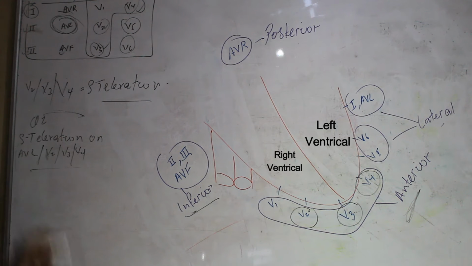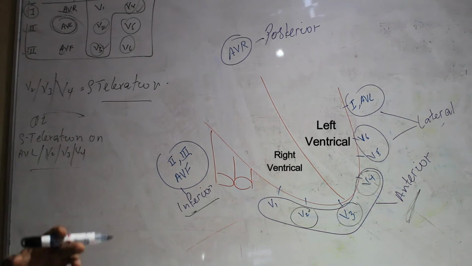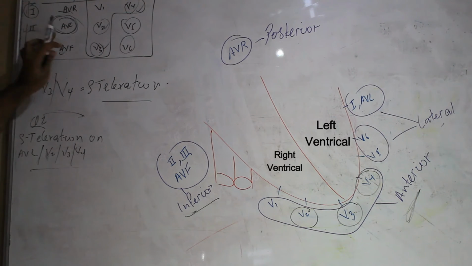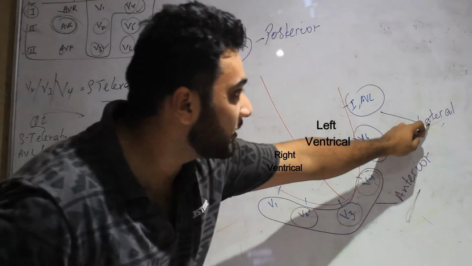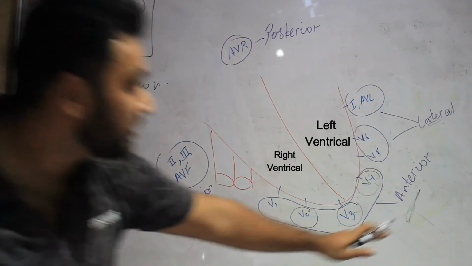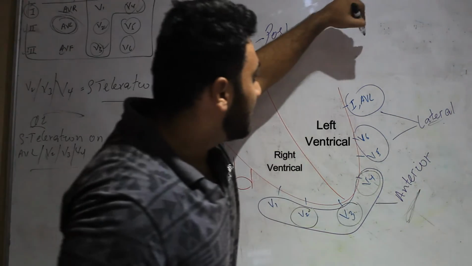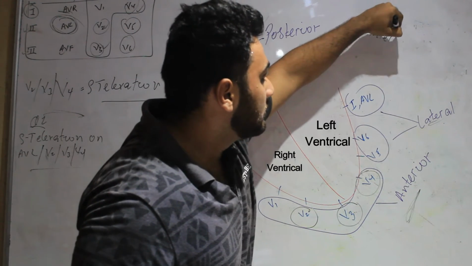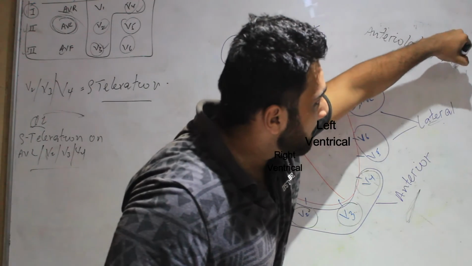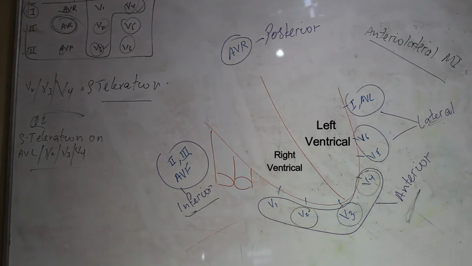You have identified your ST elevation. ST elevation means an MI. Let's keep it that simple. So now you look at your AVL. Your AVL looks at the lateral aspect of your heart, and your V2, V3, V4 look at the anterior aspect of the heart. So put the two terms together, that makes up your anterior lateral MI. So you have an anterior lateral MI.